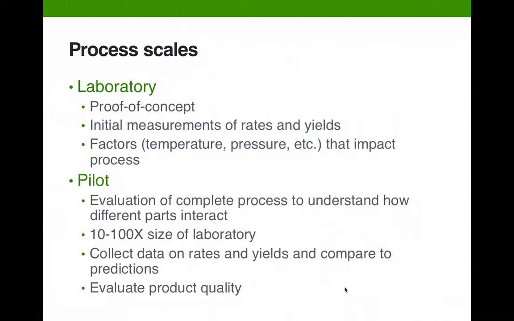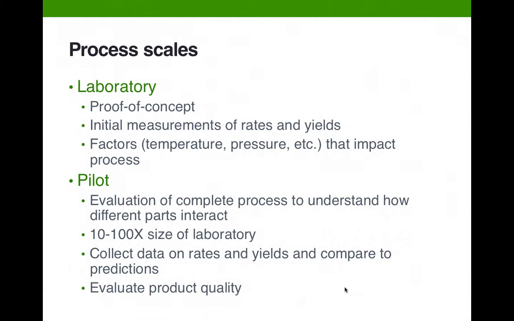And so the typical scales we have for that, normally we talk about 3 or 4 sizes. There's the laboratory, and the first thing you're trying to do in the laboratory is just get a proof of concept. Does your process idea work? The second thing is that you're trying to measure the rates of reactions, or the rate of heating, or the rate of cooling, and also how much you get of the products of interest to you.